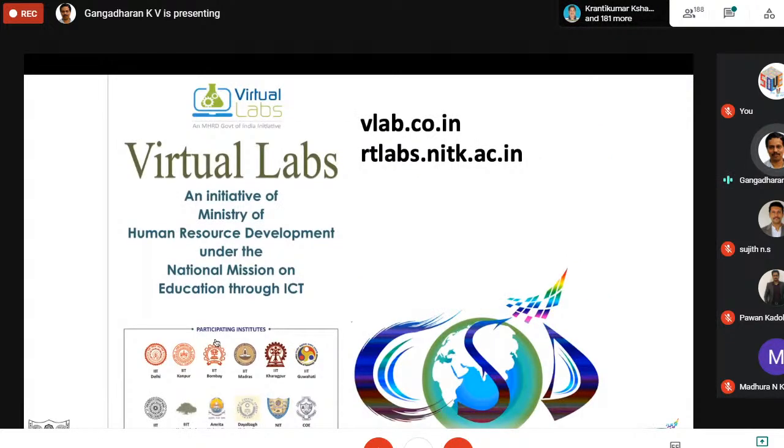So at NITK Surathkal, which is already a nodal center, we created virtual labs through the Center for System Design, which is a transdisciplinary research center, wherein we do not look at which branch a problem belongs to. We look at the problem statement and find out what resources are required.